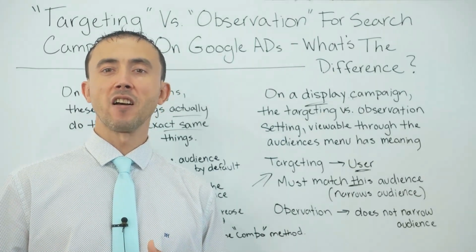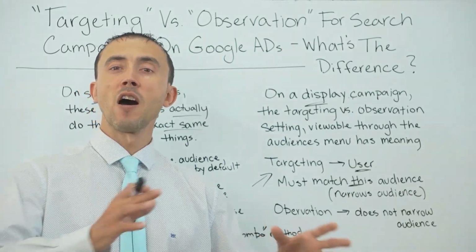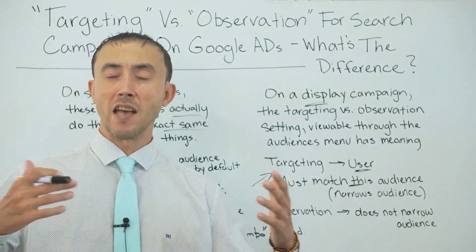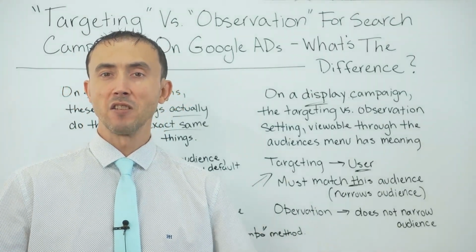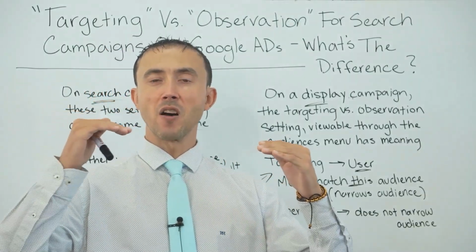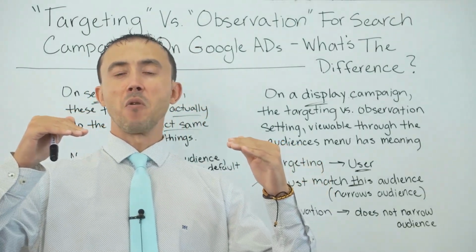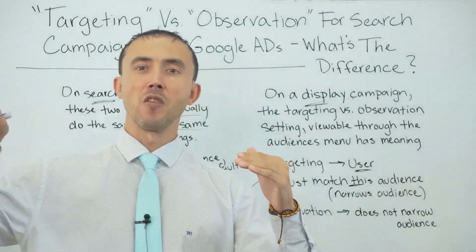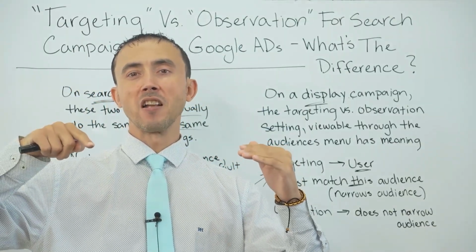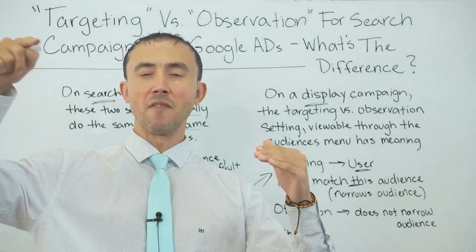The cost per click on those audiences, even while they were set up under the audience menu as observance, is higher. And let's say the cost per click was $5 a click, and we added a 40% bid adjustment on the remarketing audience we had there. Well, if they were on that remarketing audience, the cost per click was like $7, $8.